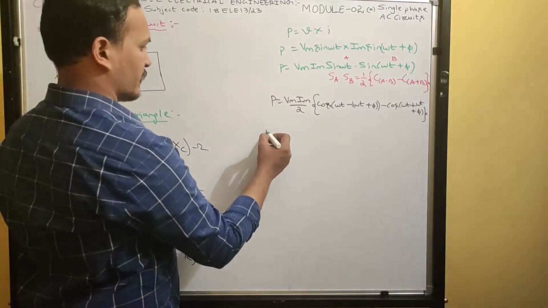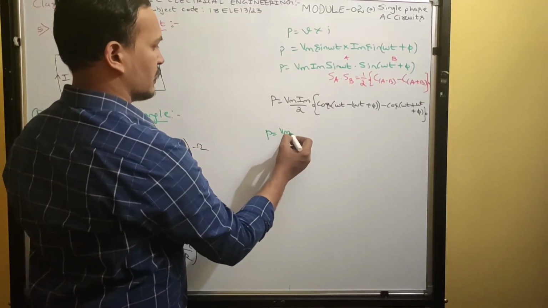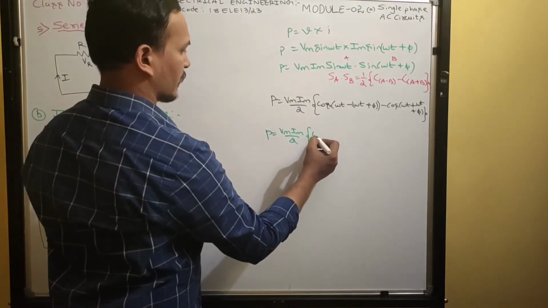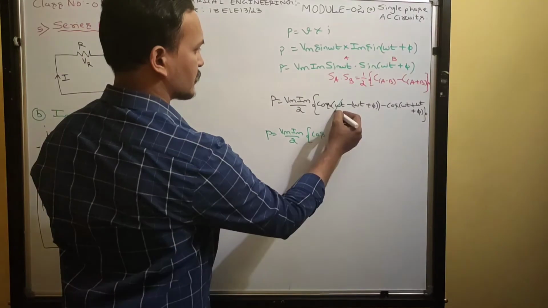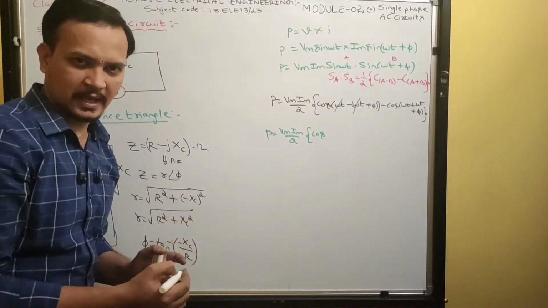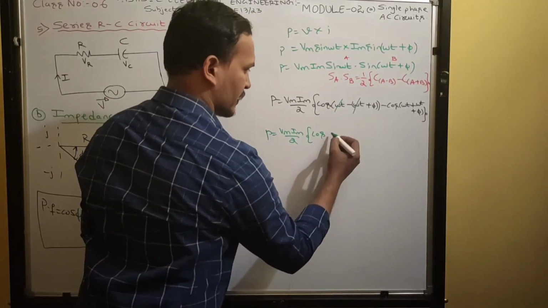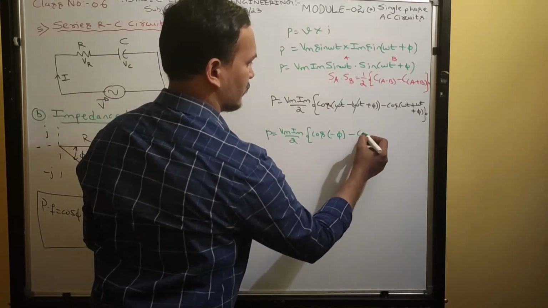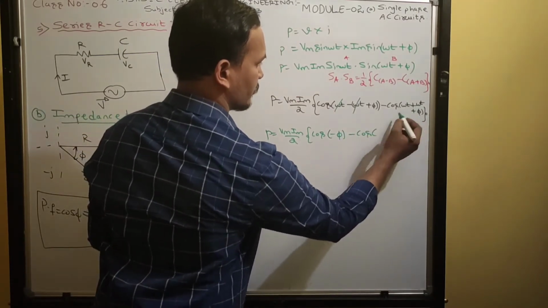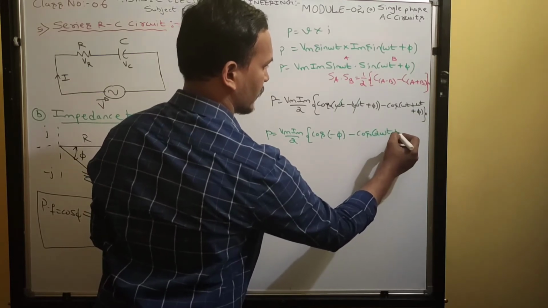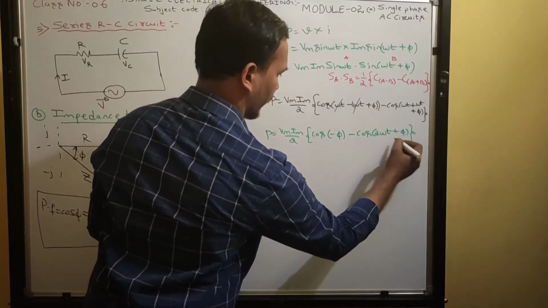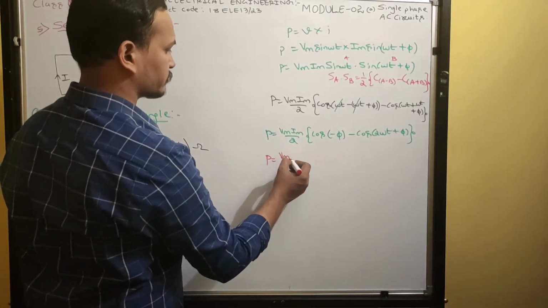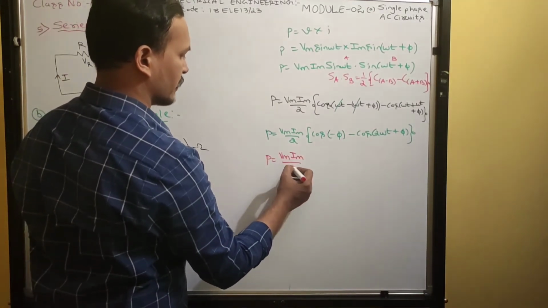So now next step. Vm Im divided by 2 within the bracket cos: omega t minus omega t gets cancelled. Minus into plus gives minus, so you will get cos of minus phi. Then minus cos of omega t plus omega t, that is 2 omega t plus phi. So next further, now multiply this 2. You will get Vm Im by 2.